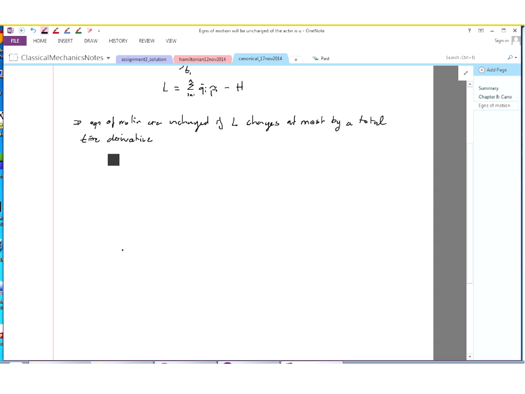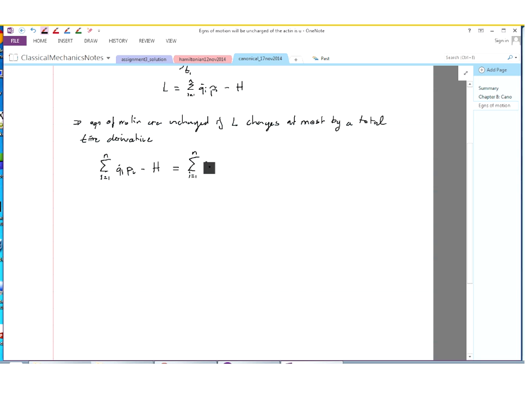So if we write the Lagrangian in our untransformed coordinates, it's just what we have up here, right? We have the sum of i equals 1 to n of qi dot pi minus H. For the action to be unchanged, that's got to be equal to the Lagrangian in the transformed coordinates.